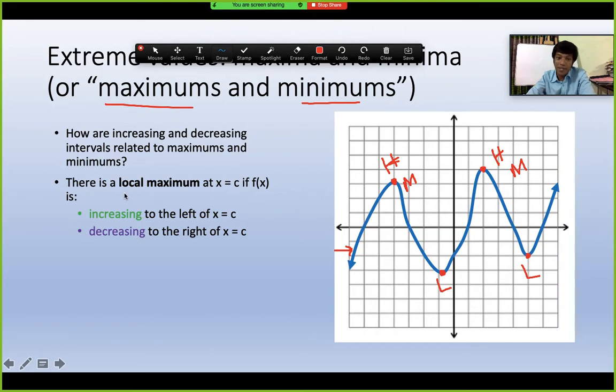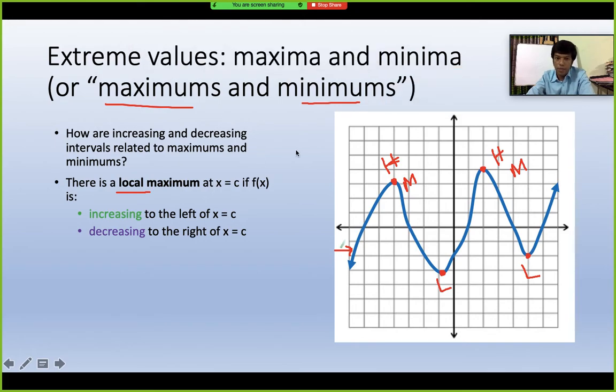That's why it is called local. Within this space, this is the lowest, and within this locality, this point is the highest, or maximum. This is the local maximum and minimum.